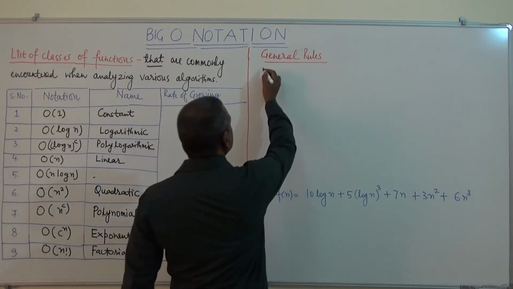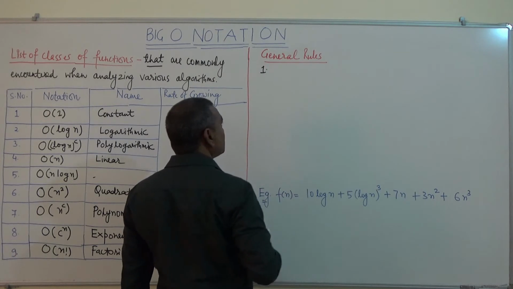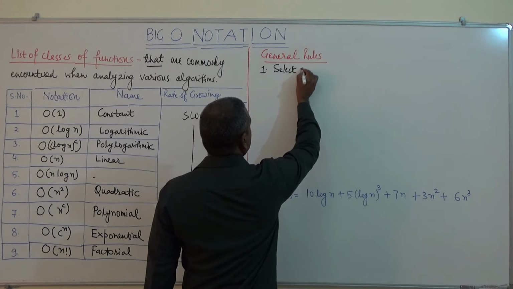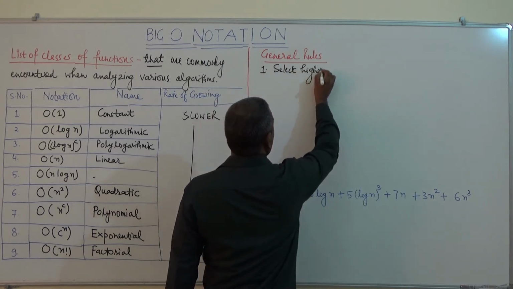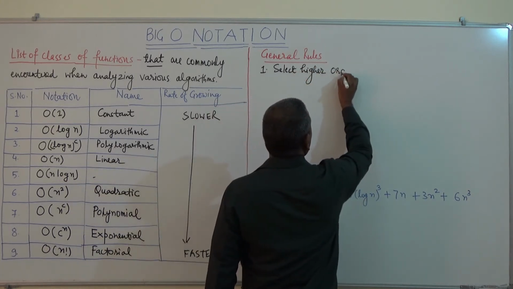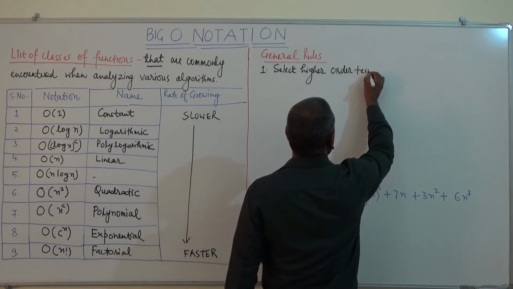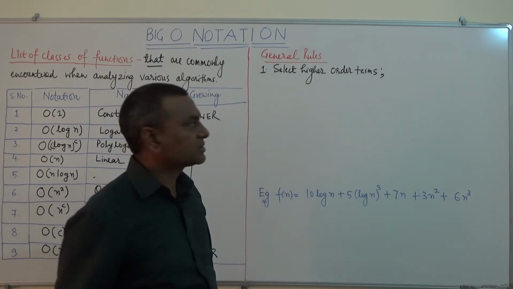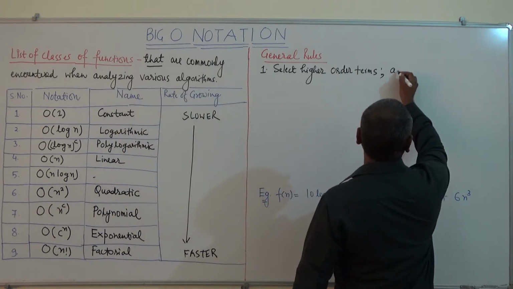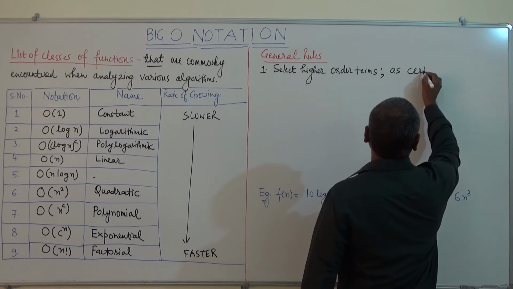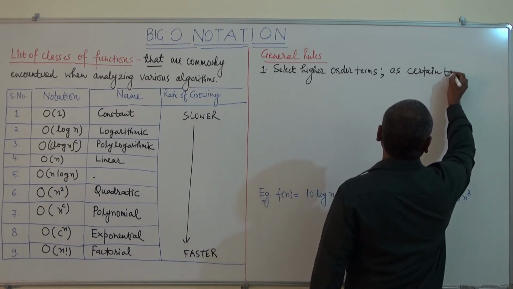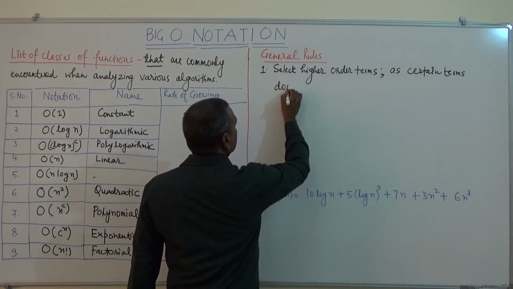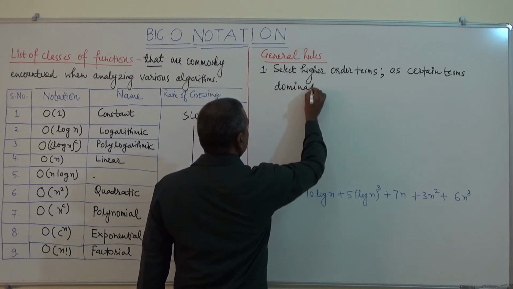The first rule is select higher order terms, as certain terms dominate others.